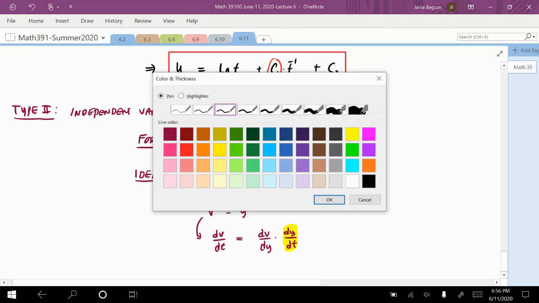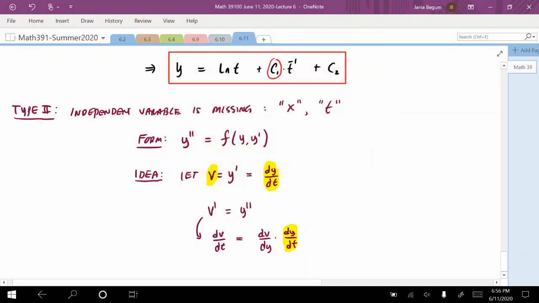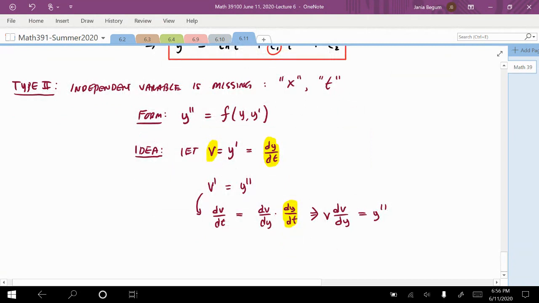I can rewrite my second derivative as dv/dy times v. So these are the two substitutions we're going to make. V is going to replace y prime, and v prime, which we rewrote as v dv/dy, is going to replace y double prime.